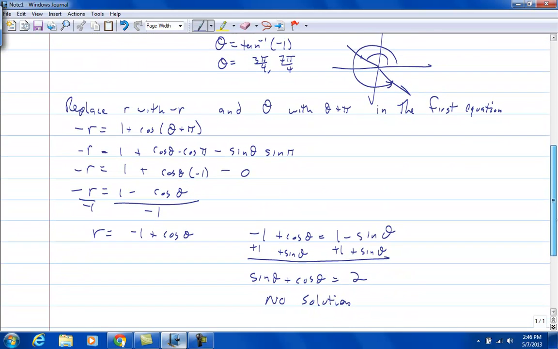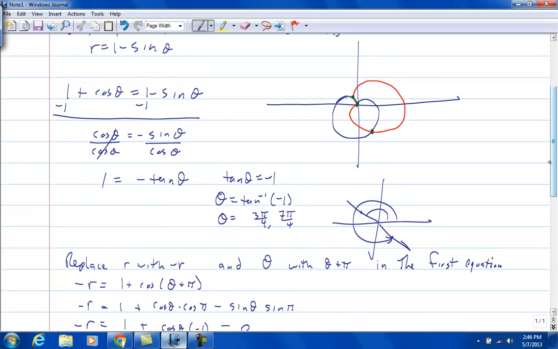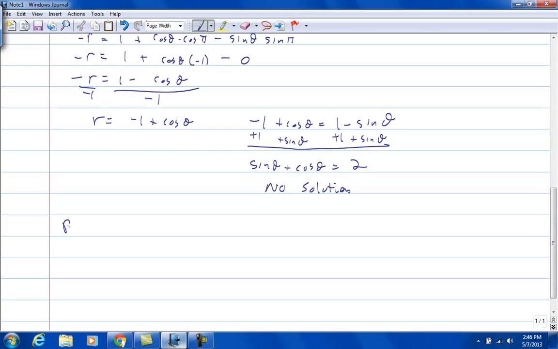But something I do want to point out, go back up here, we do see this occurring. And we know that both graphs go through the pole at different times.